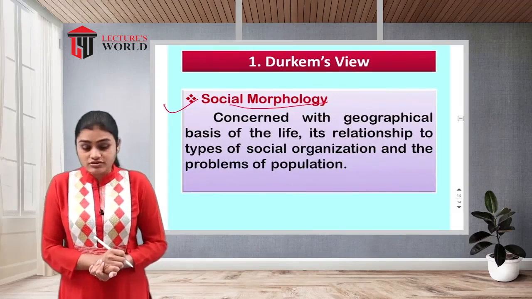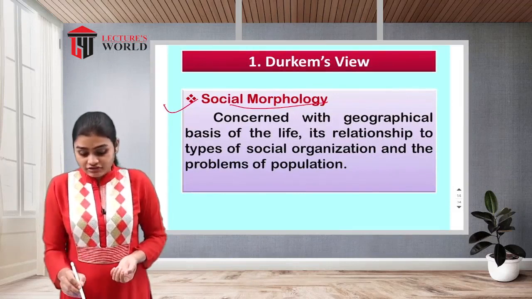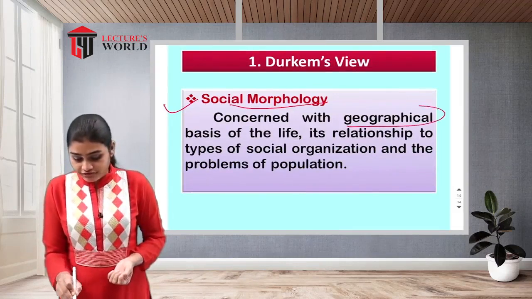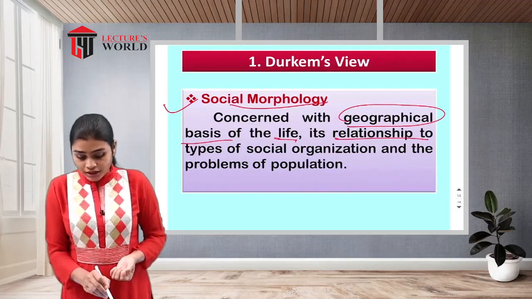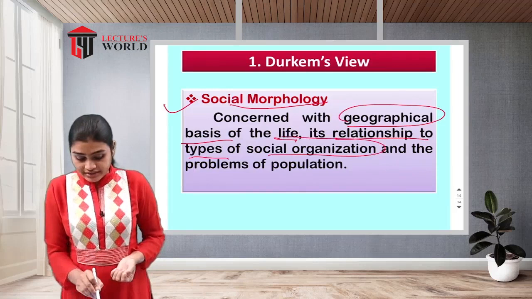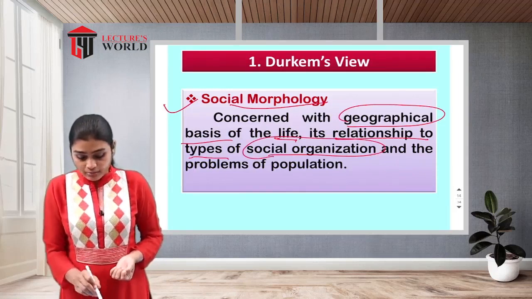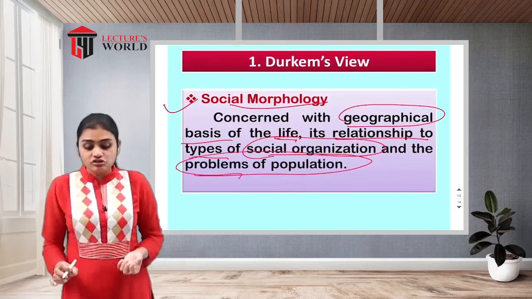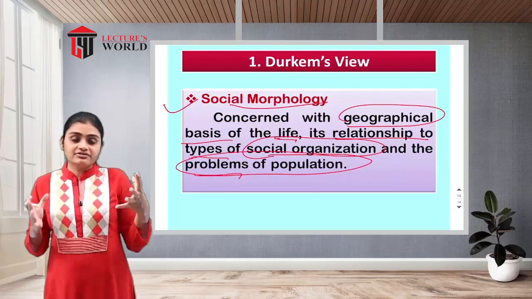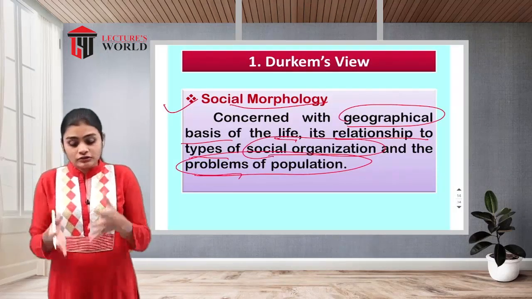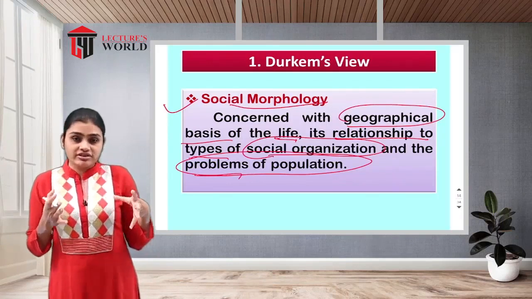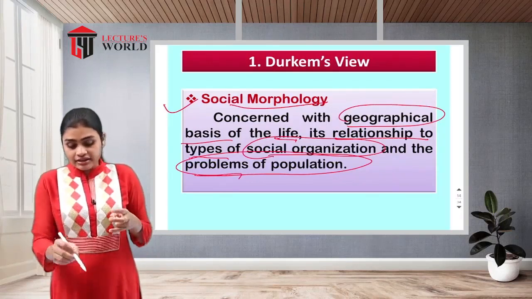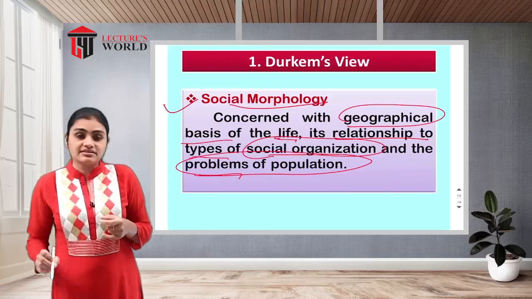The first is social morphology, which is concerned with the geographical basis of life, its relationship to types of social organization, and the problems of population. Social morphology means the structure of the society. According to him, they are concerned with the geographical basis of life.